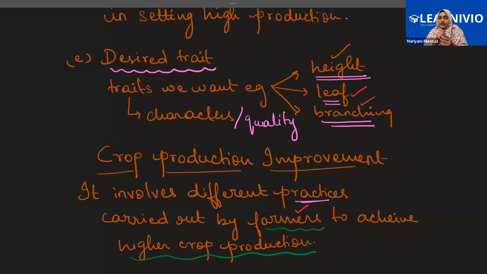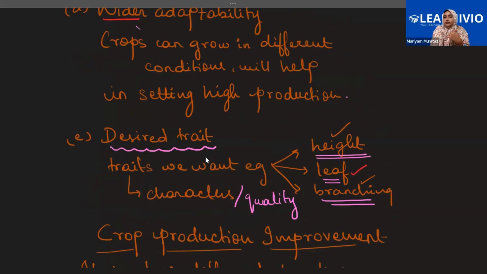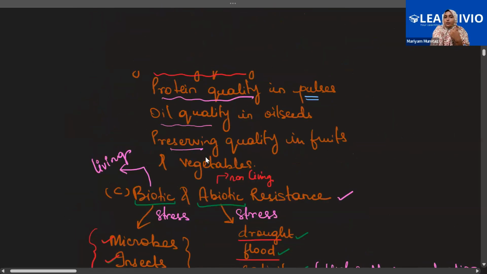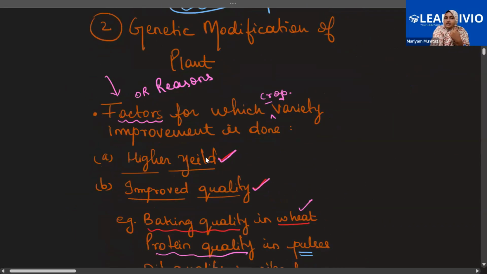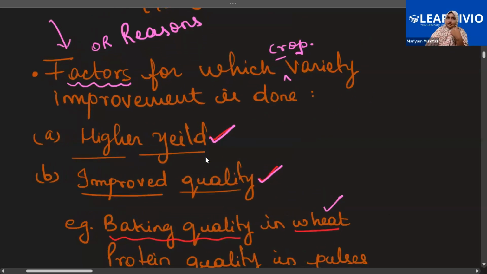Okay. All right. So in the previous class, we talked about what are the reasons for which we do the crop improvement, or you can say crop production improvement, right? And we saw that when we want to do the crop variety improvement or crop production improvement, we do all of these processes.